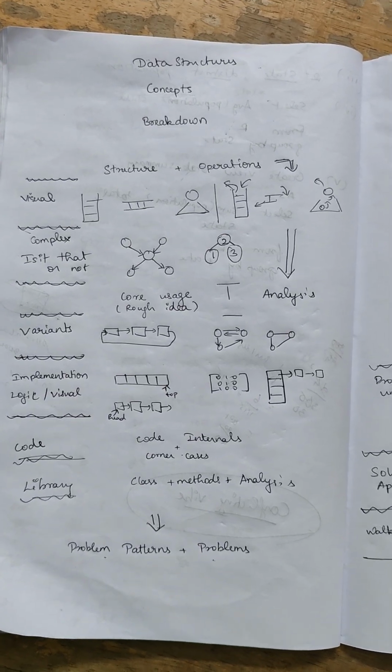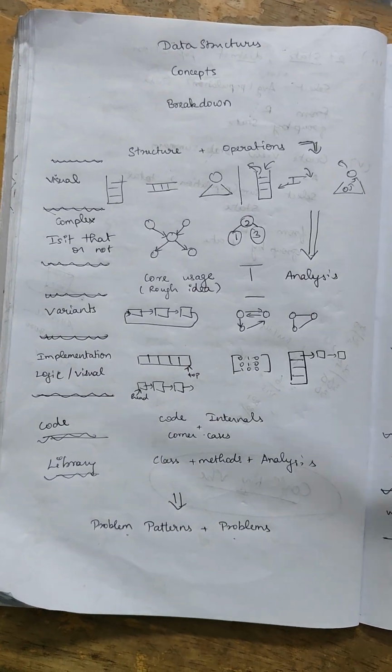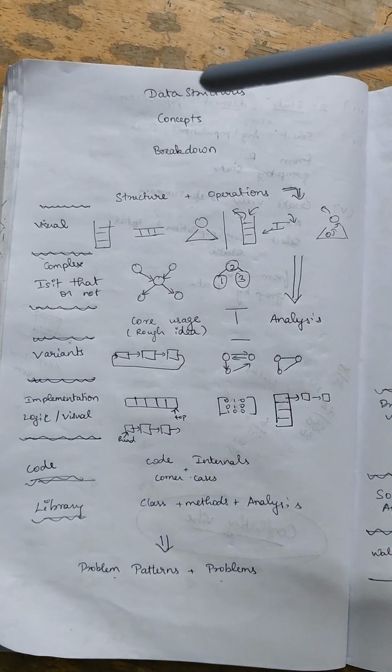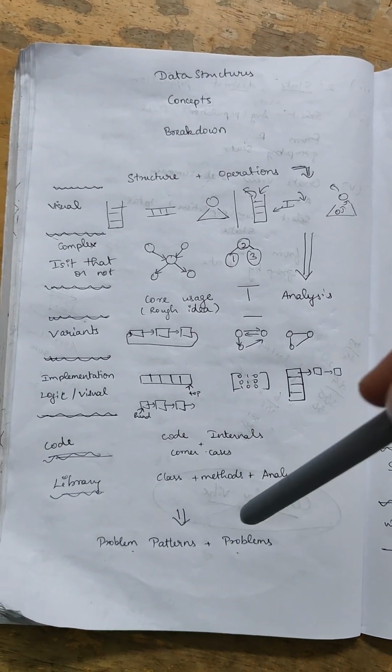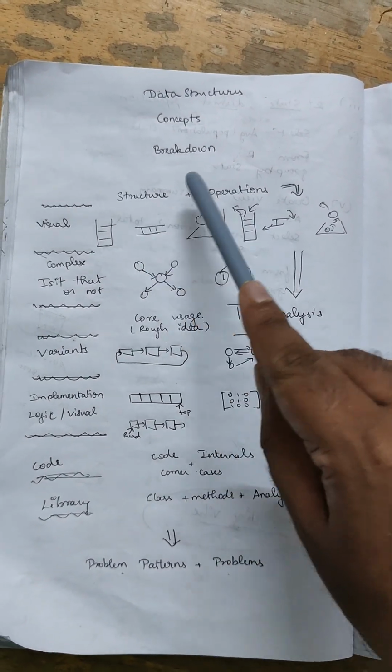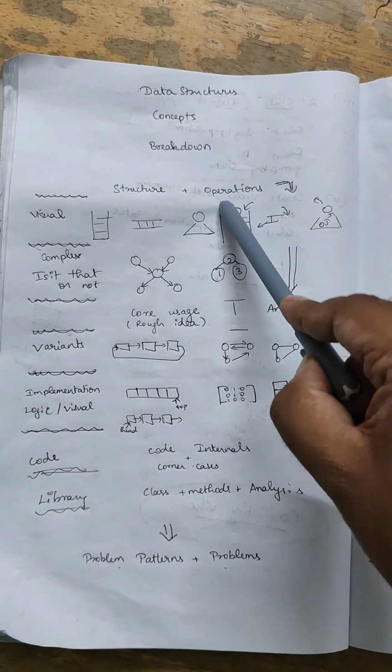We'll see one by one, and for now in this video, we'll see how to break down an individual data structure into several parts and understand it. Every data structure will have a structure and you could do a certain set of operations in it.